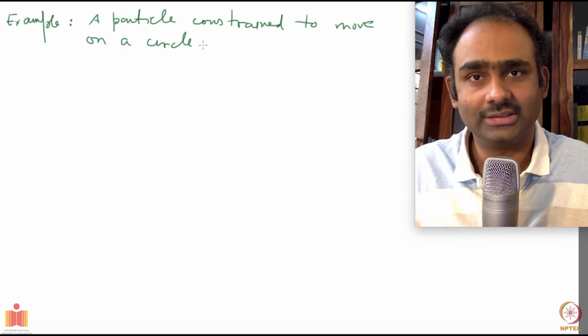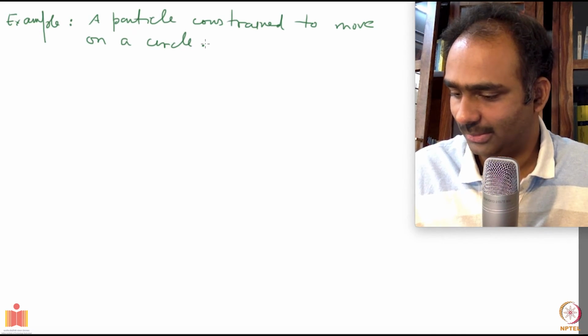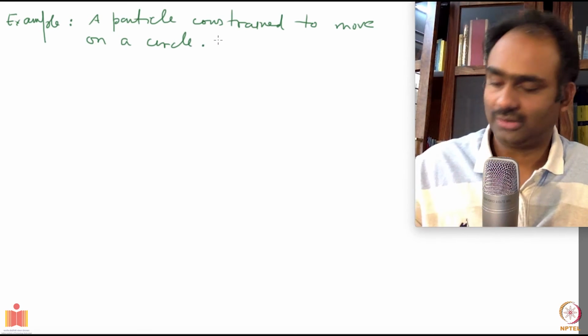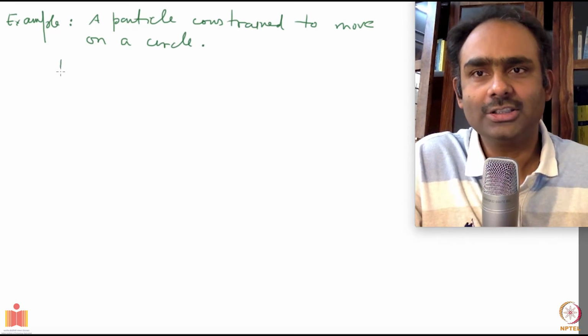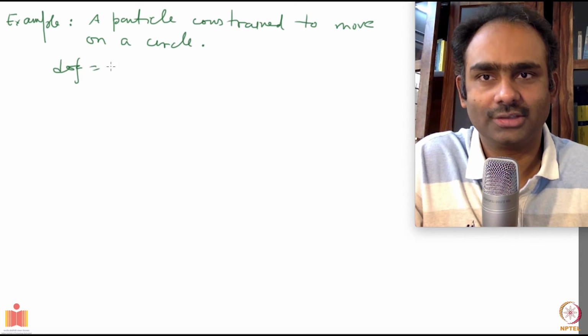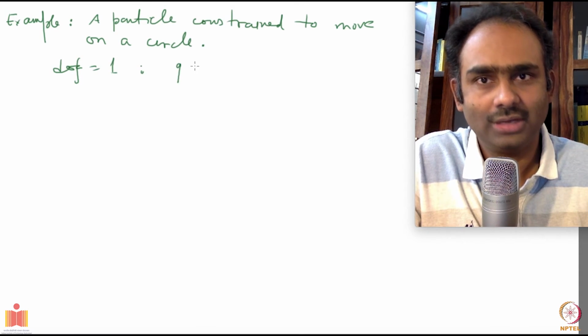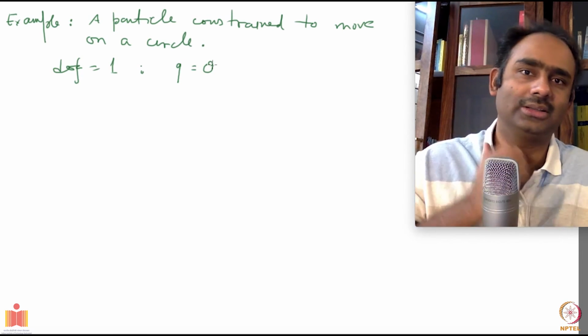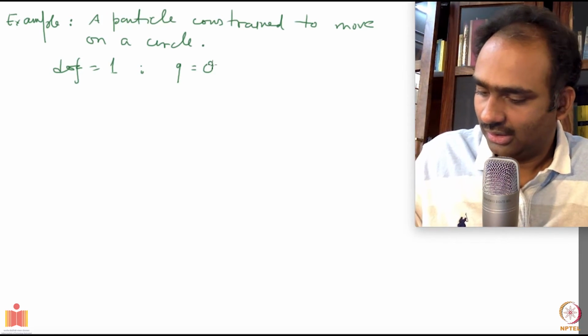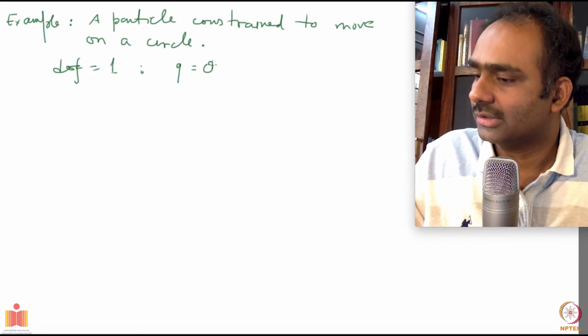Clearly there is a force of constraint and there are no other forces on it. So this problem has degree of freedom 1, and for the generalized coordinate q I will use theta. Note that theta is dimensionless, which is fine, no problem.